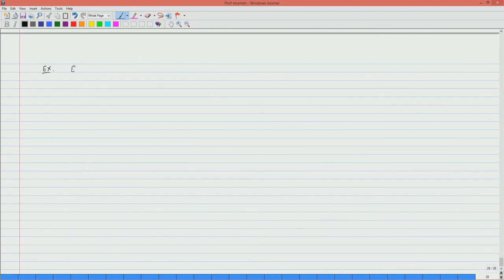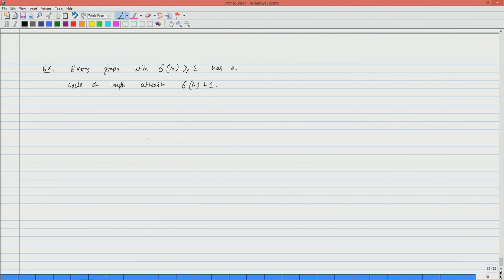Every graph with minimum degree greater than or equal to 2 has a cycle of length at least delta G plus 1.